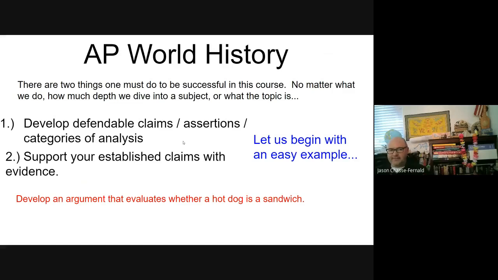Come up with an assertion that is not a fact, that has to be defended with evidence, and that one could argue against. Go ahead and pause, and this could take anywhere from a minute to 10 minutes.